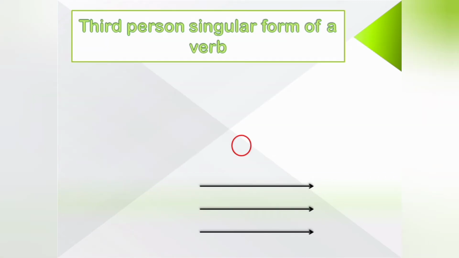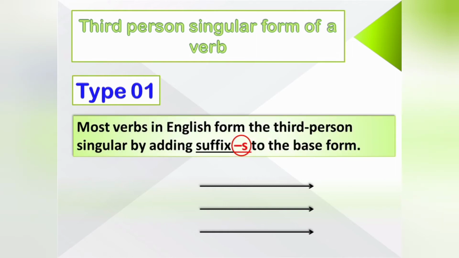Third person singular form of a verb. There are 4 types I am going to teach you. This is the first type, type 1. Most verbs in English form the third person singular by adding suffix s to the base form.